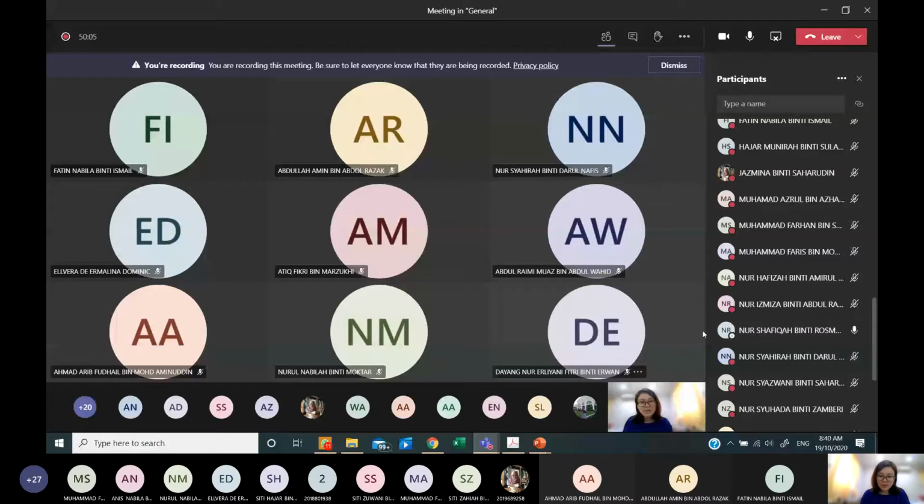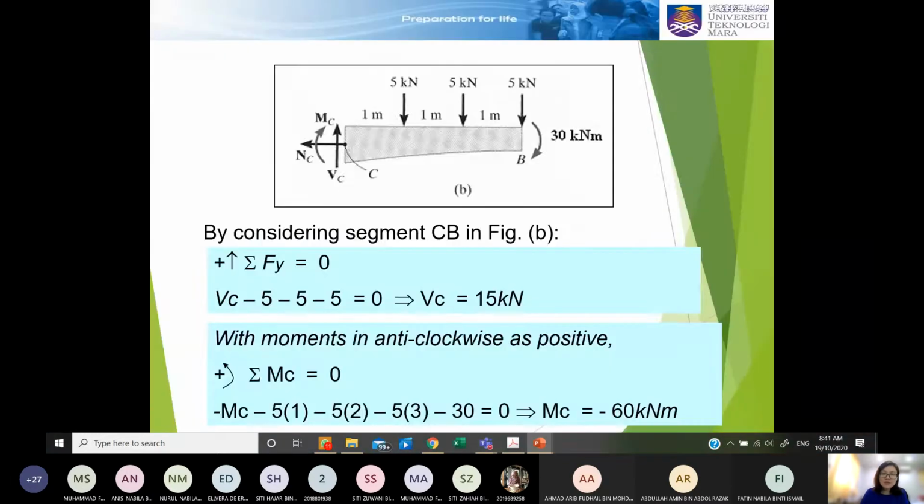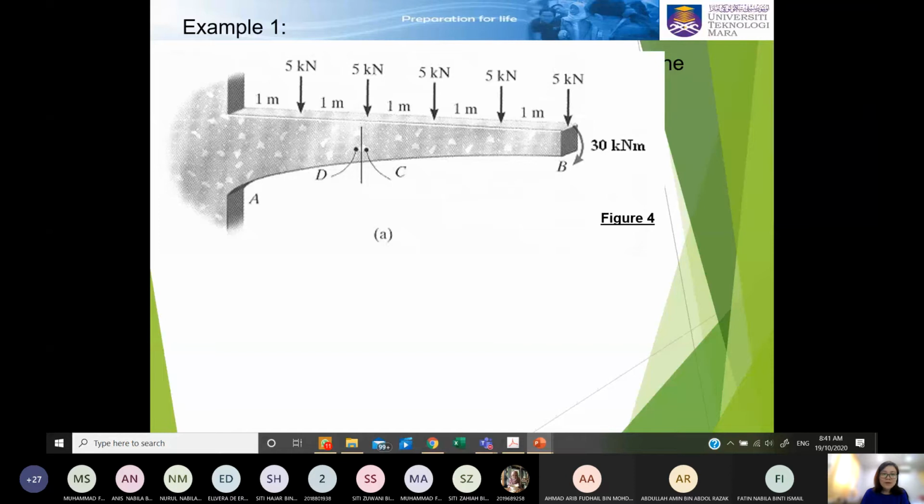So right now I will continue on the next slide. Now I want to solve for internal forces at D. What I need to do is just to cut a section before this 5 kilonewton. Then you need to draw the free body diagram of the section.